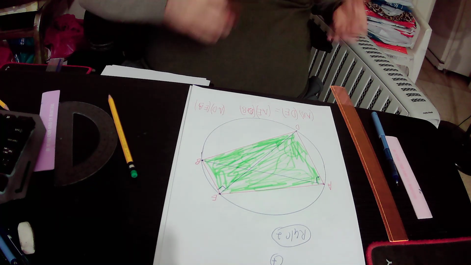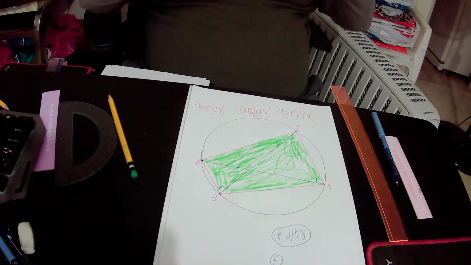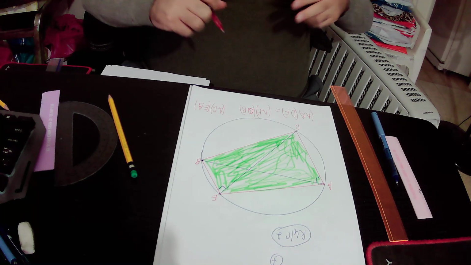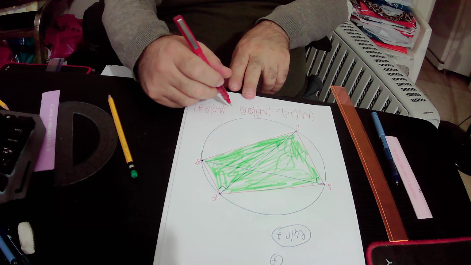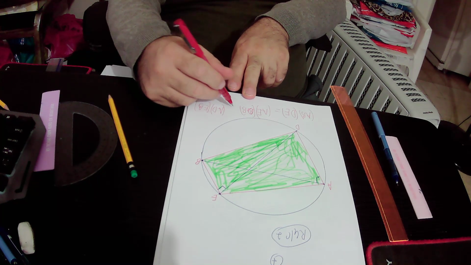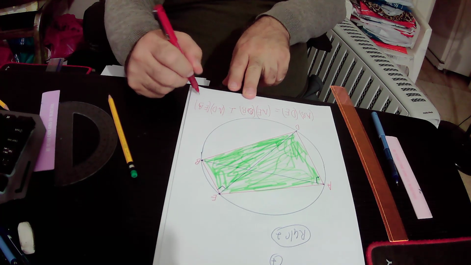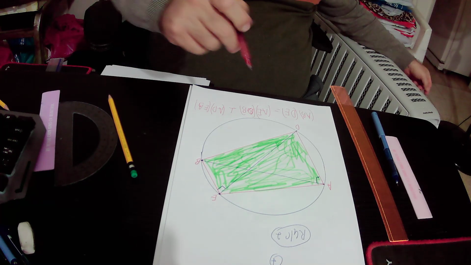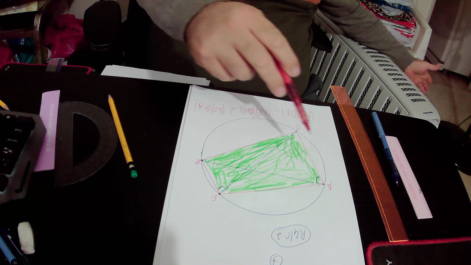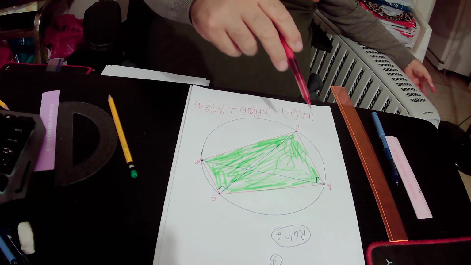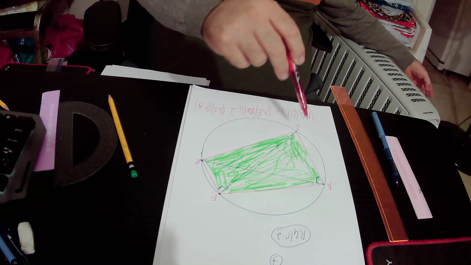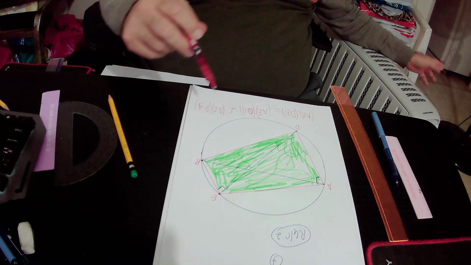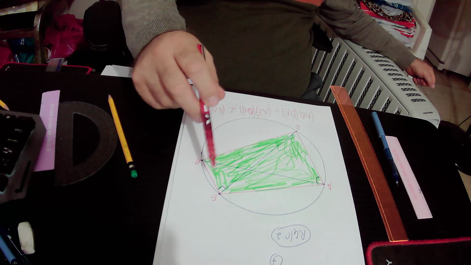According to rule number 3, the sum of the products of its opposite sides, that is to say AE times DB plus AD times EB, will be equal to the product of its diagonals. As you can see from the drawing, quadrilateral AEBD has two diagonals, diagonal AB and diagonal DE, and the product of its diagonals is AB times DE.